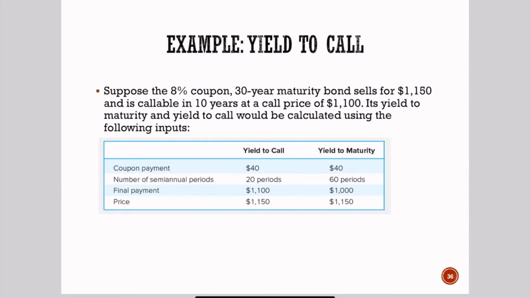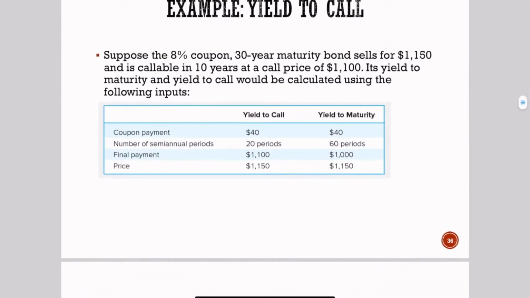And now let's calculate its yield to maturity and its yield to call. I know this is a very simple problem. So first, let me draw out the timeline to give you some clear idea of the difference between yield to call and yield to maturity.